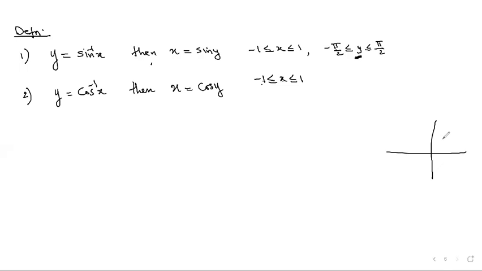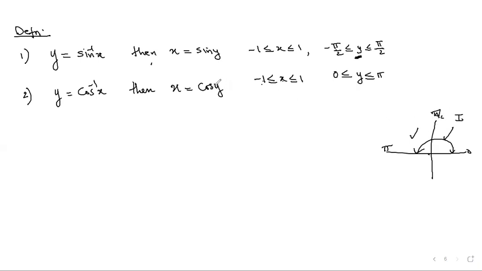But cos is positive in which quadrant? First quadrant. And negative in which quadrant? Second quadrant. So the angle should lie between 0 and pi: 0 less than or equal to y less than or equal to pi. Because a negative value should have what angle? From π/2 to pi.